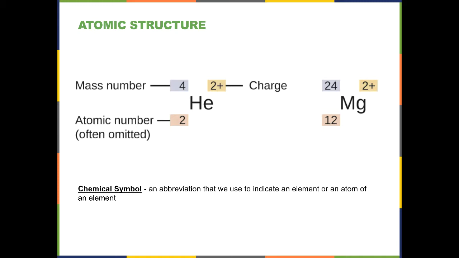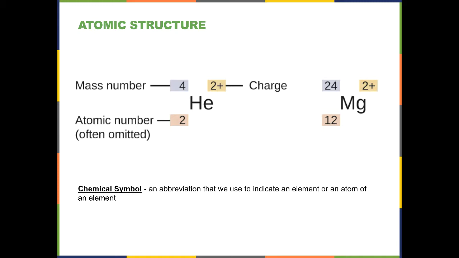It says often omitted because if you have the element helium, you know automatically you have an atomic number of 2. If the helium is charged in some way, in this case, it has a positive charge of 2, that will be shown on the right as a superscript. So in this case, this atom has 2 protons and 2 neutrons, thus a mass number of 4, and no electrons in order to have a positive charge of 2.